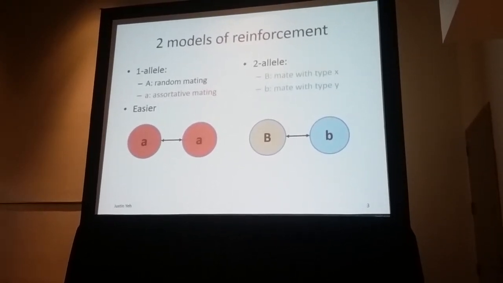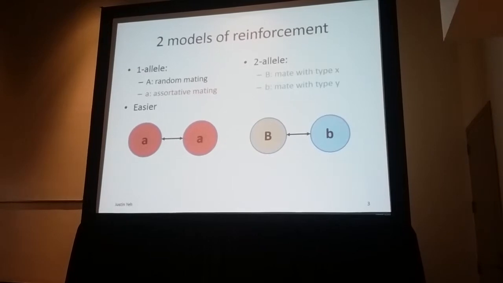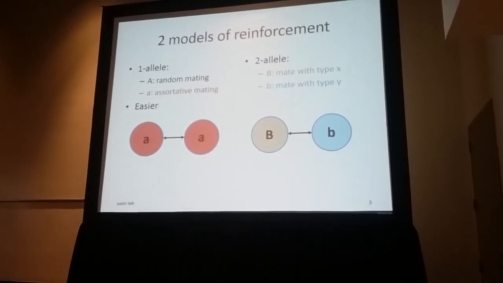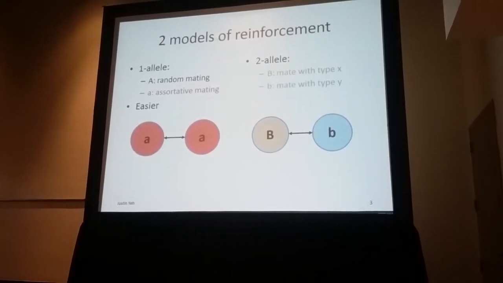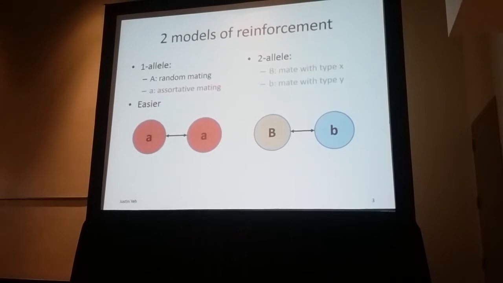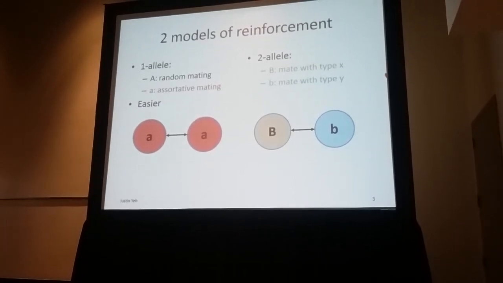And for reinforcement to occur through two allele models, you need the two alleles to be segregated into separate populations, and that is much more difficult because recombination and migration are going to obstruct that. Furthermore, you can potentially lose polymorphism, and that again is not going to facilitate reinforcement.